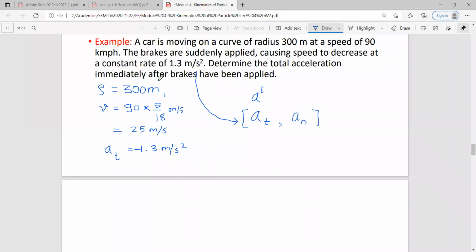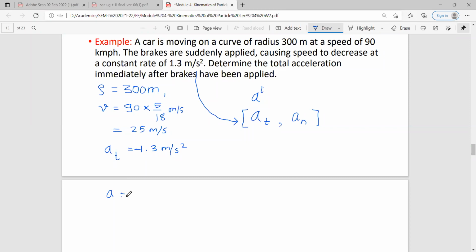Determine the total acceleration immediately after brakes have been applied. Okay, so at the time of application of brakes, at that time the velocity was 25 meter per second. I have to find out total acceleration.